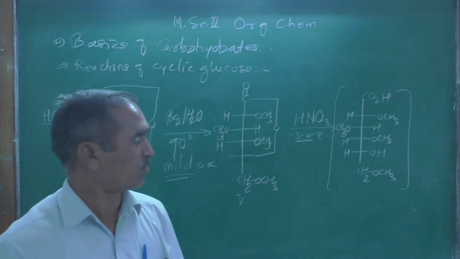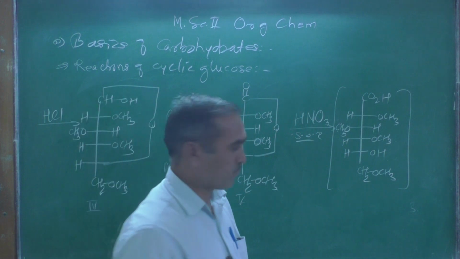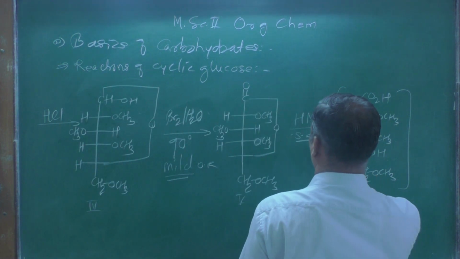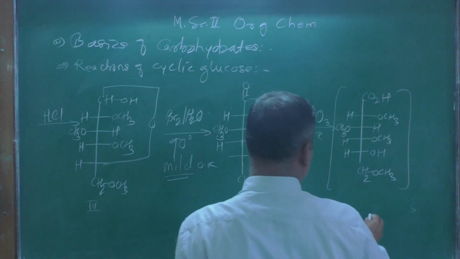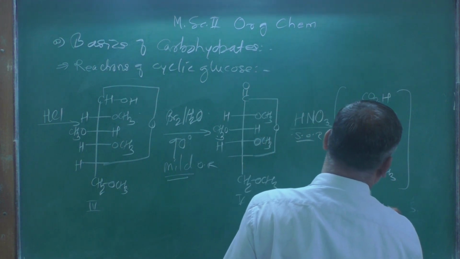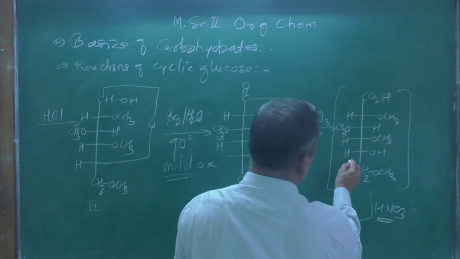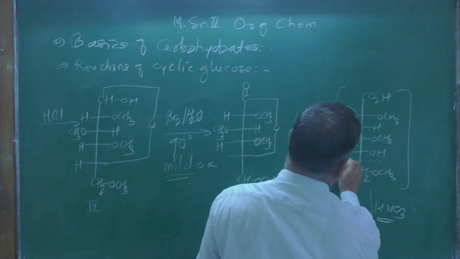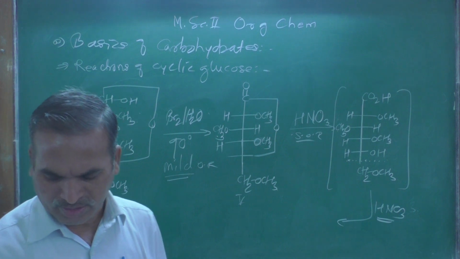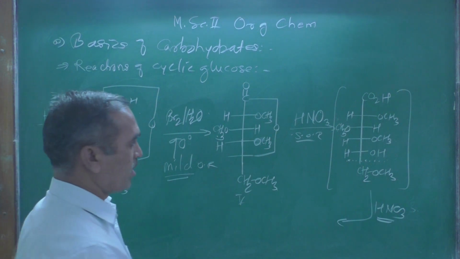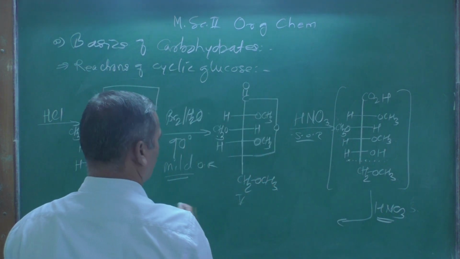This is some intermediate we are getting, and further there is still HNO3 there. So after that, HNO3 again, NO3 remains there. This is a strong oxidizing reagent, and the bond is going to break over there, and you are going to get the product with one carbon atom less, and you will get this type of compound.